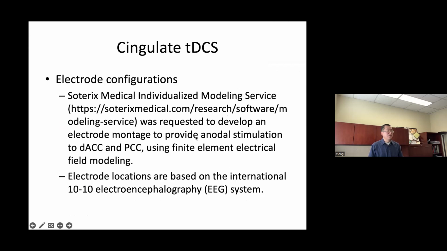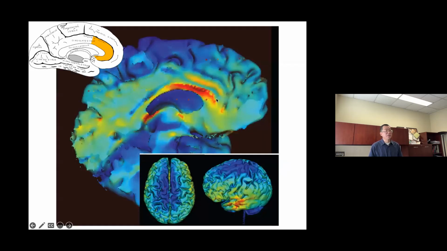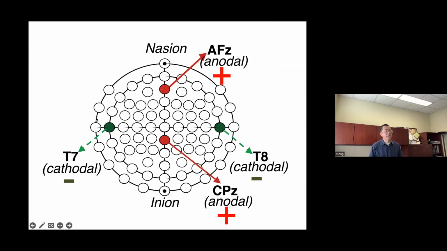Let's get into the detailed technique. Because we try to stimulate the ACC region, based on simulation results, we came up with this assignment. We have 2 anodal, positive electrodes: one on the anterior frontal central line, and one on the central region, also on the central line.